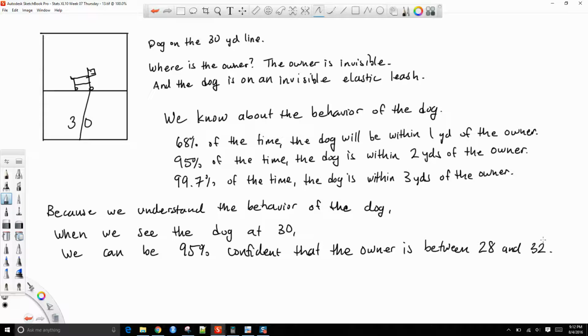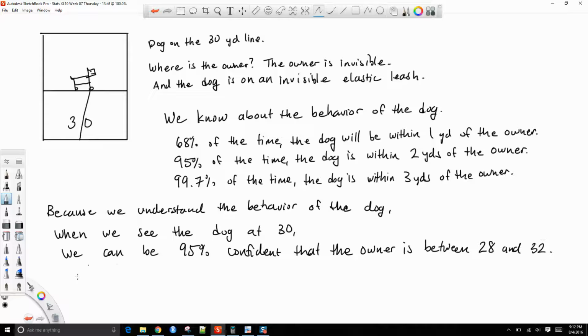We can't be 100% confident because technically it is possible. Is it possible that the owner is down at the 26? Yes, it is possible, but that means this picture just happened to be taken at one of those very rare instances where the dog was very far away from the owner, which is possible but doesn't happen very often.